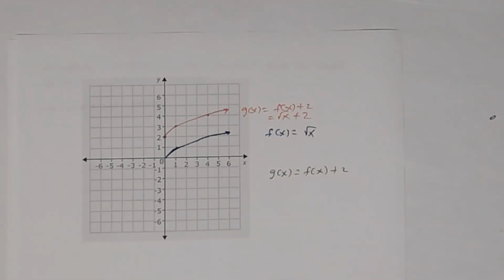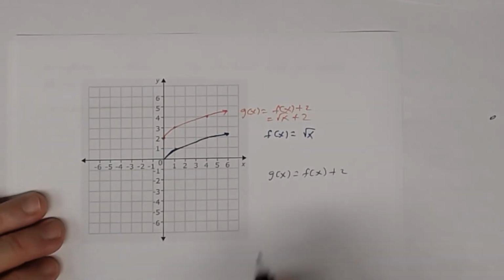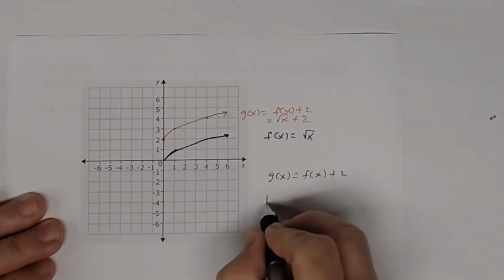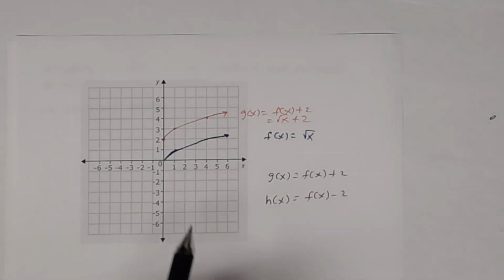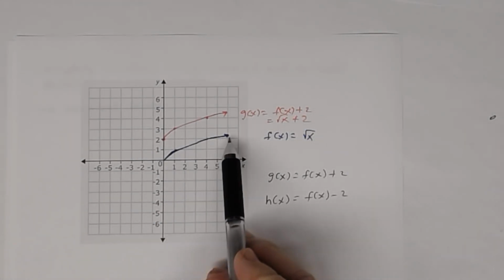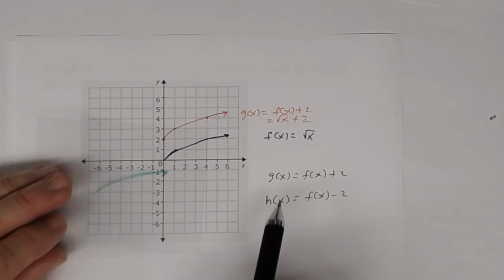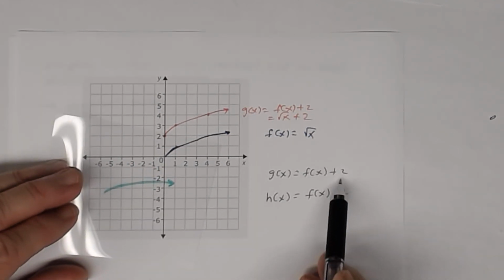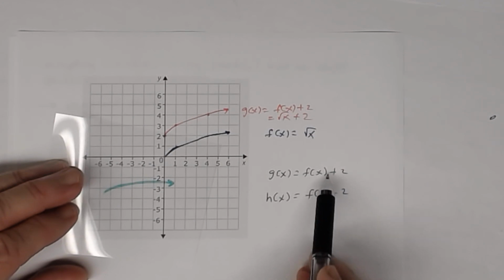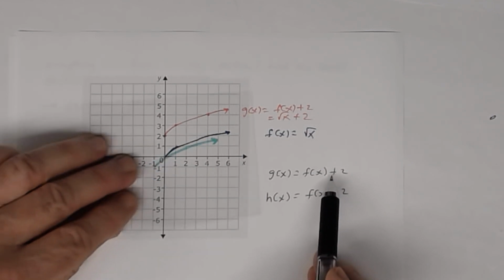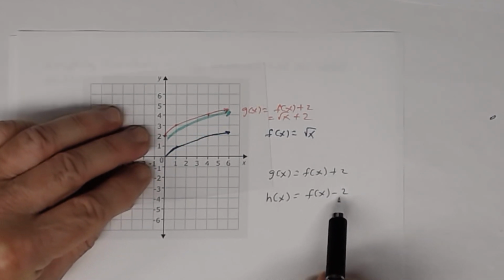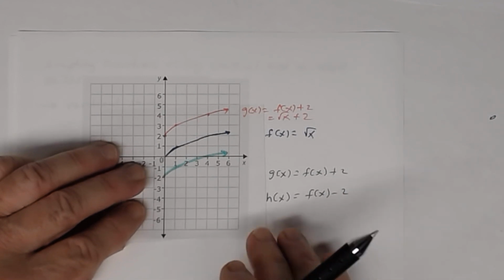Okay? All right. Now, if I talk about shifting it down 2 units, let's say I want to graph the function h of x, which is f of x minus 2. Remember, this function here is f of x, and I want to graph h of x. So remember what that means. If you have your function and then plus 2, you're going to shift it up 2. Notice that plus 2 moves it up 2. Minus 2, by the same idea, you're going to shift it down 2.